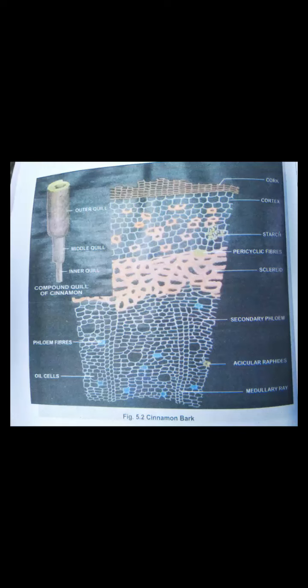The pericyclic layer is the stone cell layer. It produces the light colored wavy longitudinal lines on the outside of the bark.